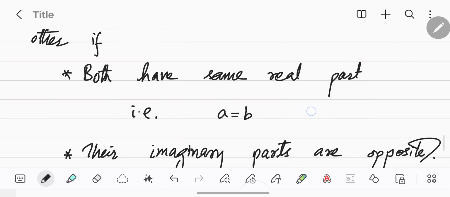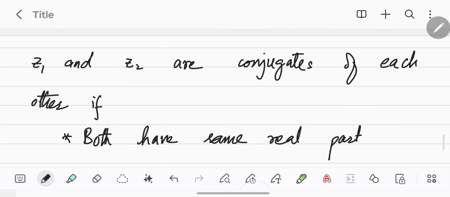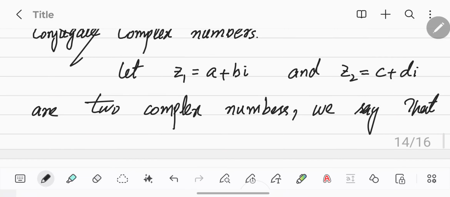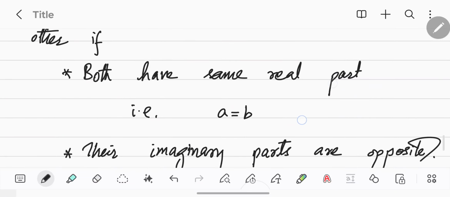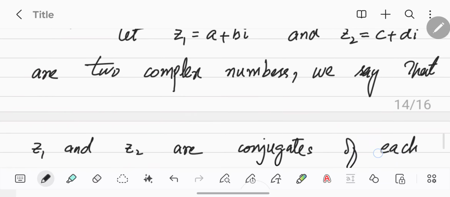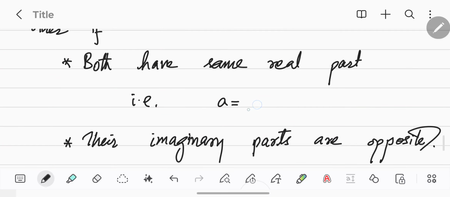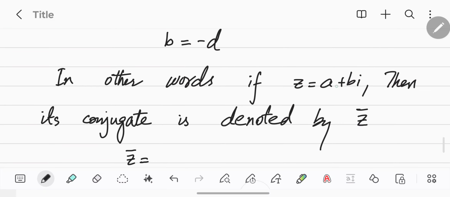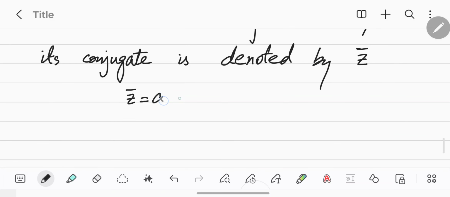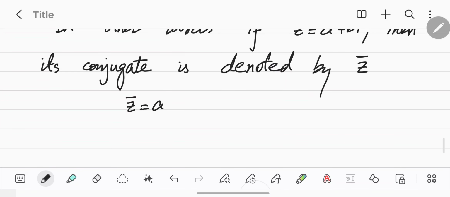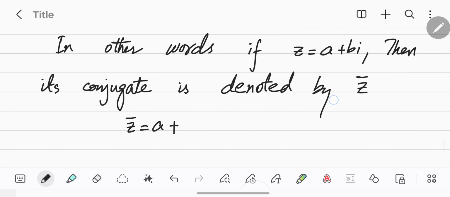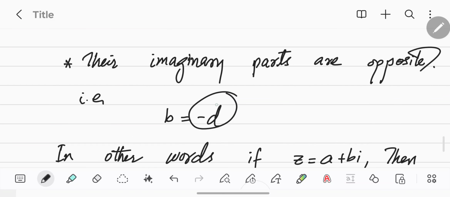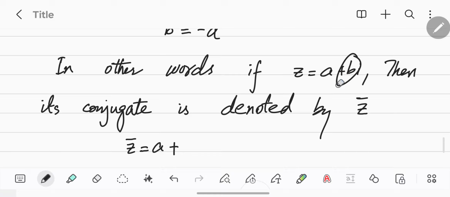The condition says if two numbers are conjugates of each other, then they have the same real part. So a is equal to c. That means this a must be the same in the conjugate, and the imaginary part must be the opposite of the imaginary part.